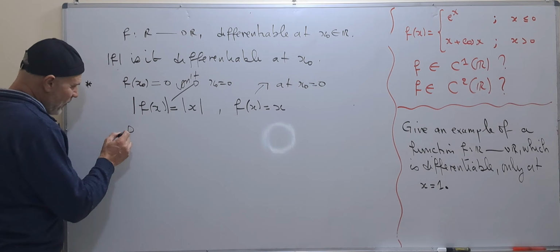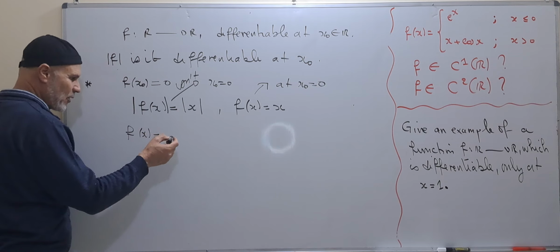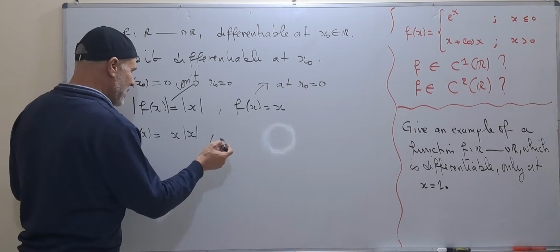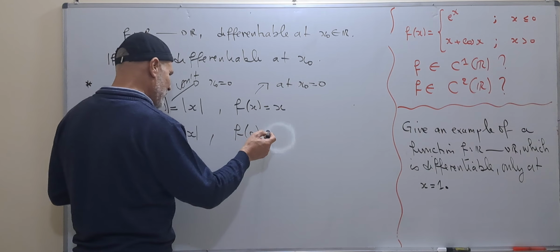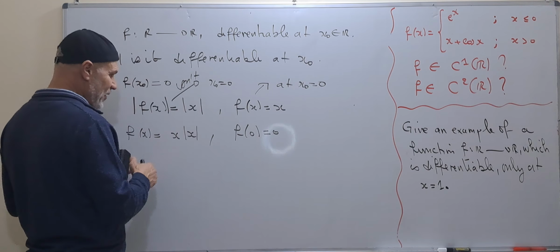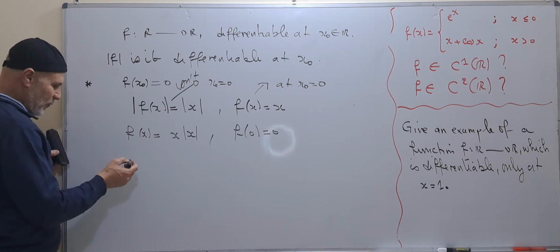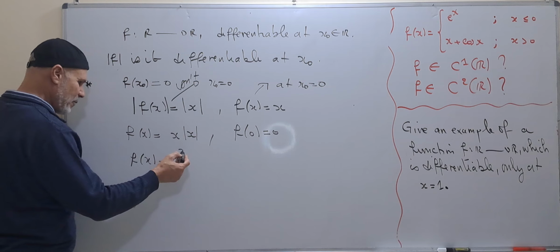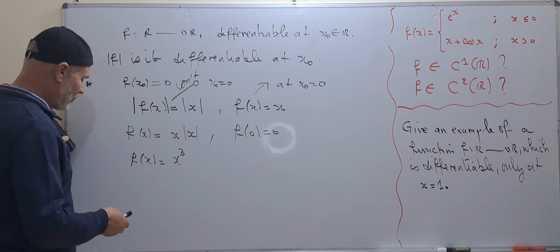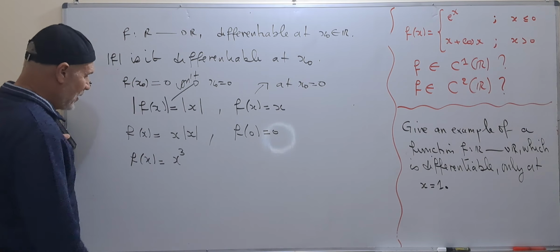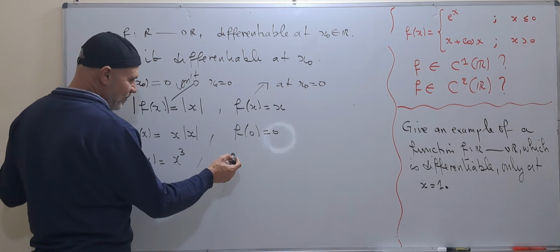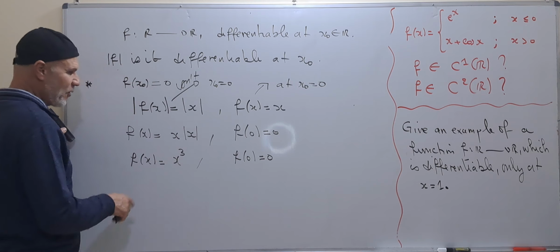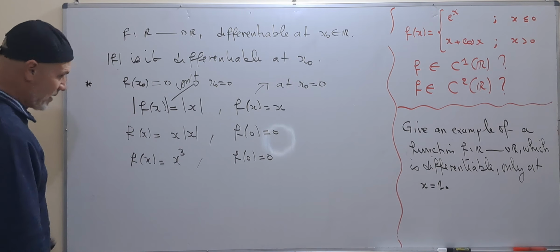Otherwise, take f of x equal to, for example, x times the absolute value of x. This verifies f of 0 equal to 0, and this function is differentiable. If we take, for example, f of x equal to x to the power 3, it verifies that f of 0 equal to 0, and this function is differentiable at x equal to 0.